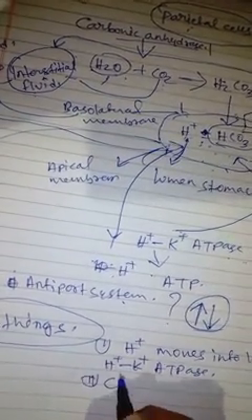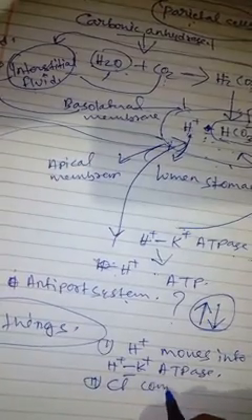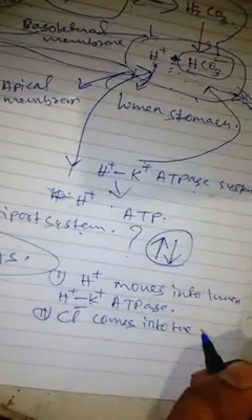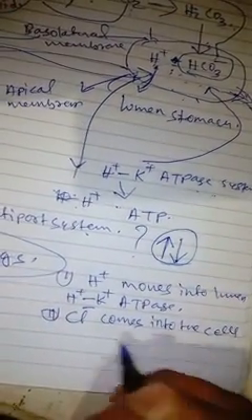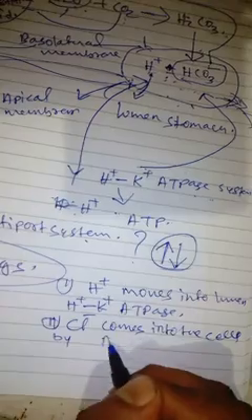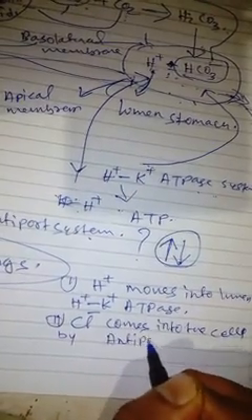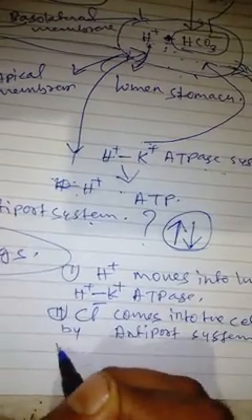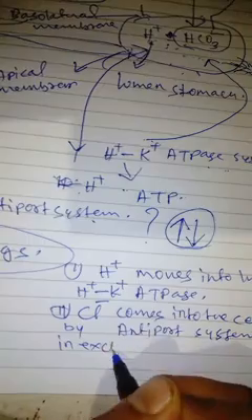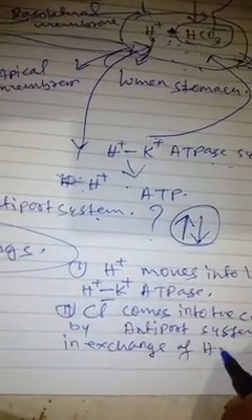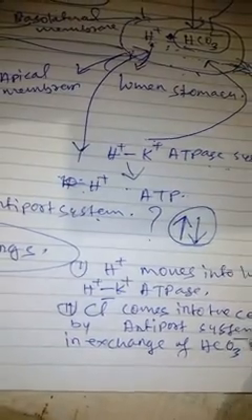Chloride comes into the cell by antiport system in exchange of bicarbonate ion.